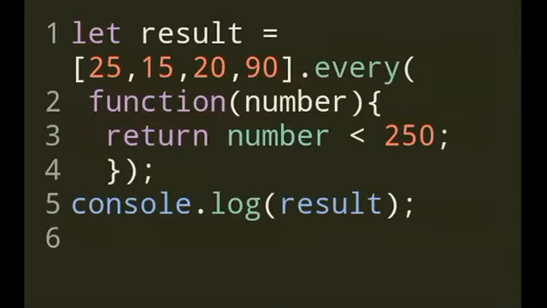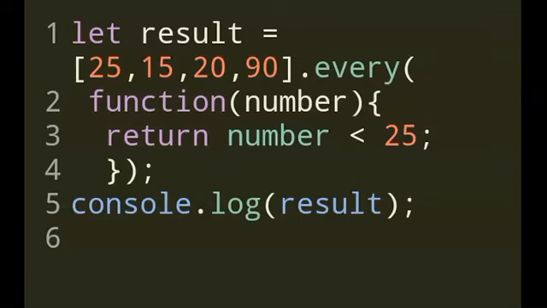True. Why? Because in this array, as we can see manually, all of it is less than 250. And what if I say less than 25? Yes, we still have something less than 25: 15 is less than 25, 20 is less than 25, right?